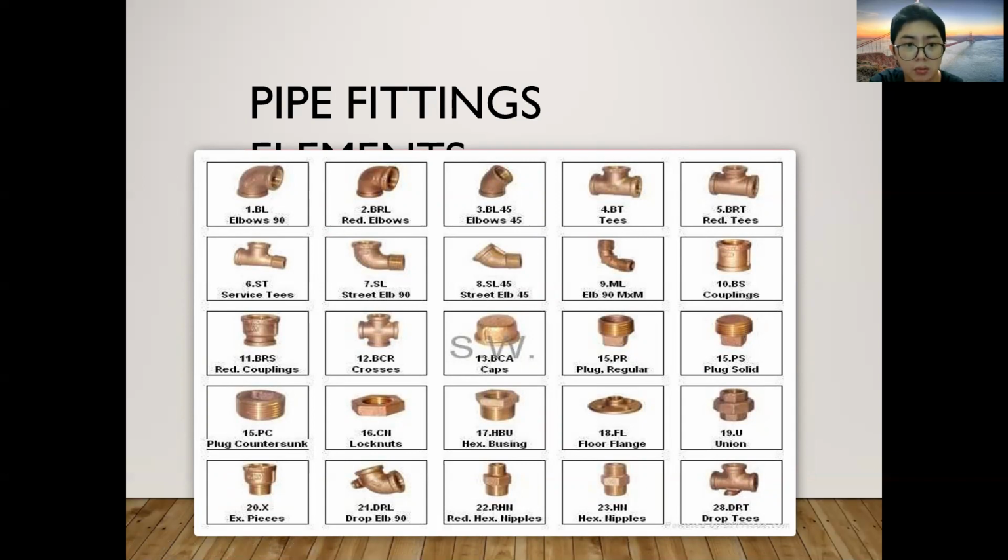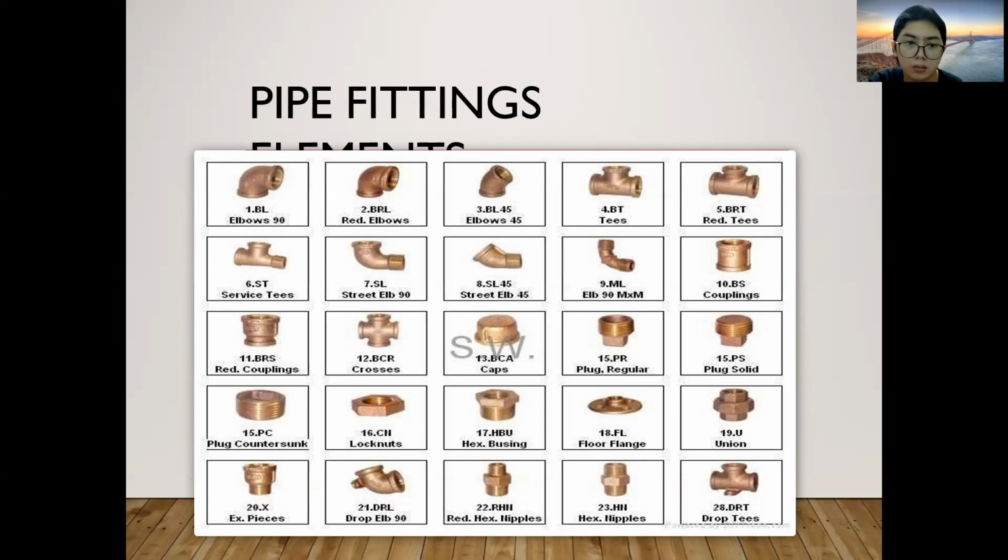These are the names of the pipe fittings: elbows, reducing elbow, tees, reducing tees, service tees, street L 45, L90, MXM, coupling, reducing couplings, crosses, caps, plug regular, plug solid, plug counter strap, lock nuts, hex bushing, floor flange, union, X pieces, etc.